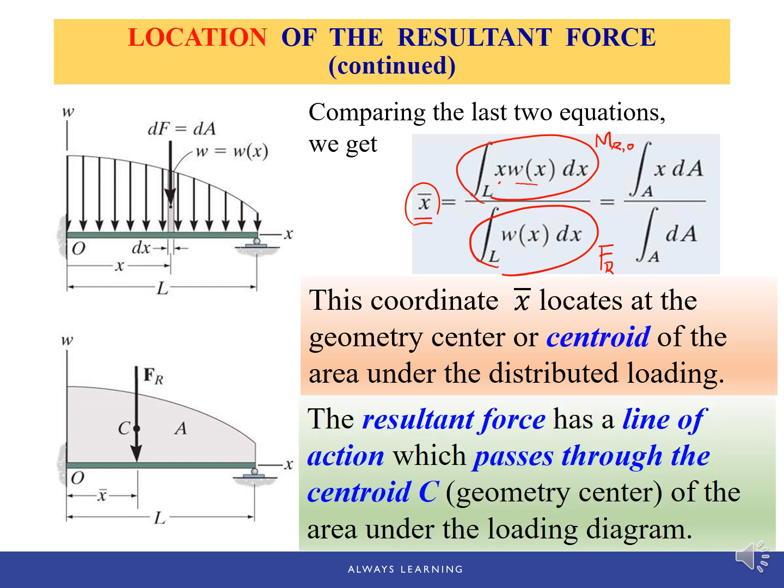The resultant force has a line of action which passes through this centroid of the area under the loading diagram. And this is the equation to find x bar, the location of the concentrated force that will be used to replace the distributed load.